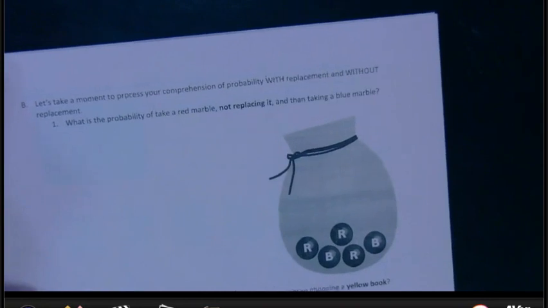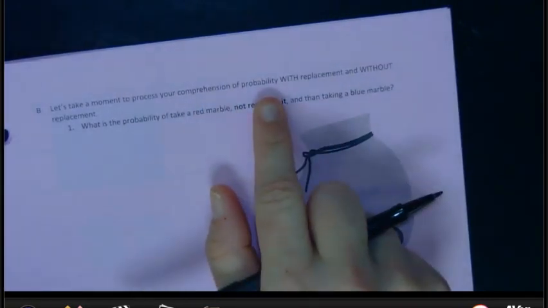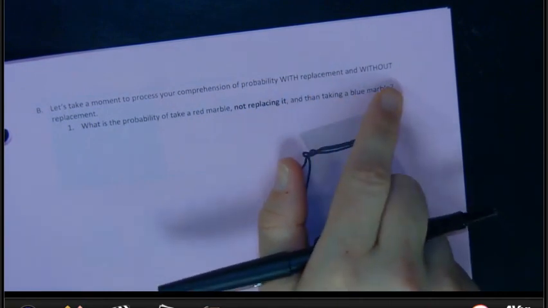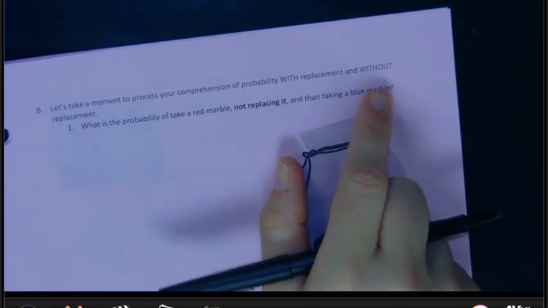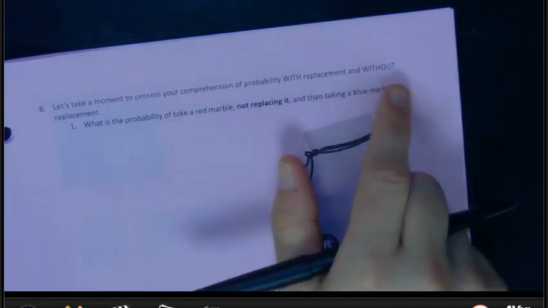All right. So let's take a moment and process your comprehension of probability with replacement and without replacement. Okay. So when looking at with replacement, you have the same probability.